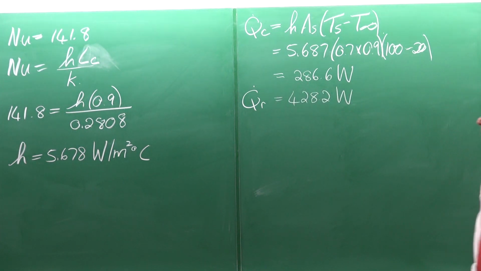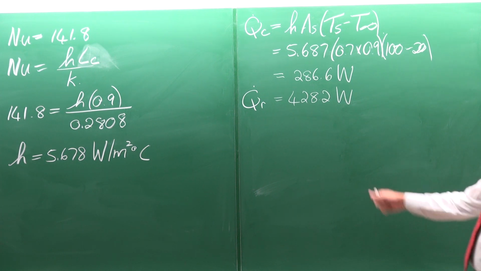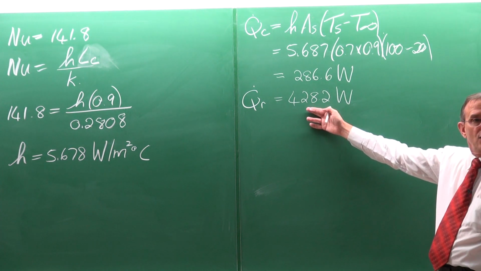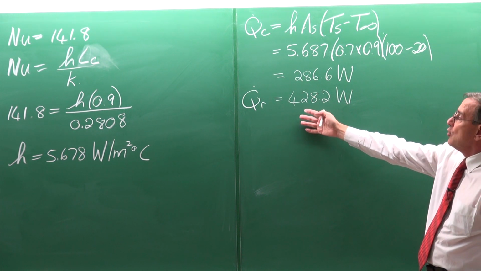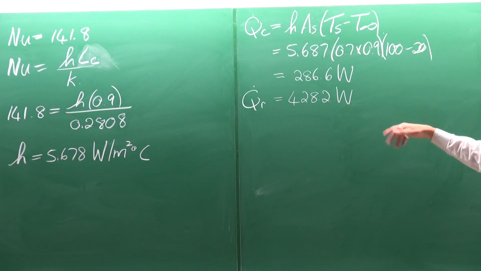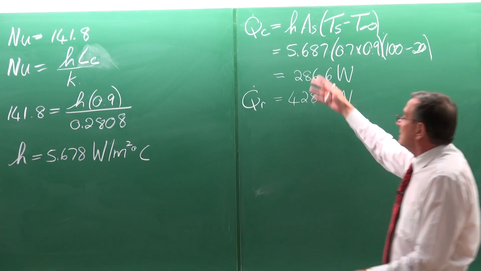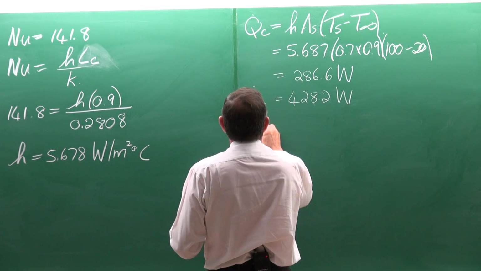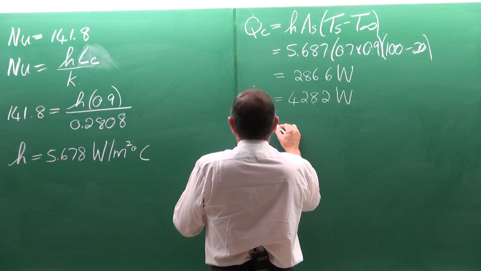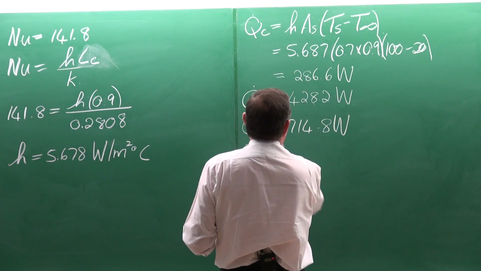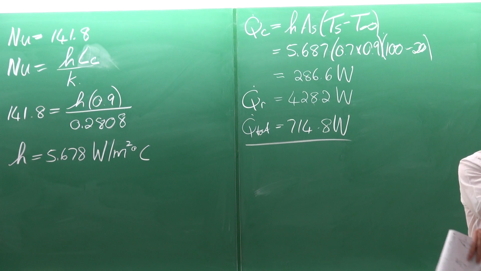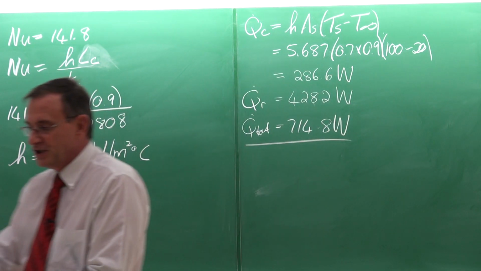So it's almost double that of the natural convection. However, take note, this was calculated with an emissivity of 1, which is not an accurate value, maybe 0.5, and then in any case you're talking of more than 200 watts. So it will almost double that. So the total heat transfer rate would be 714.8 watts for the plate in a vertical configuration. Any questions?